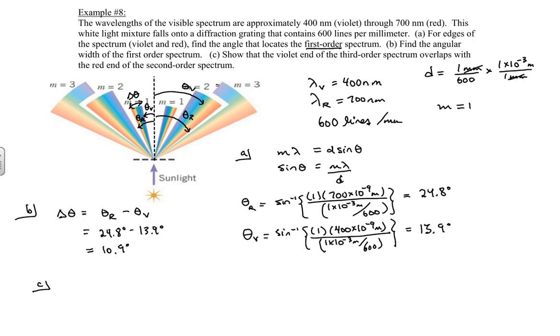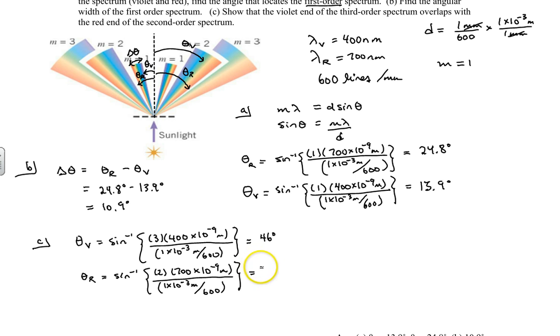So what we want to do is solve for theta violet for the third order, and you'll get an angle of 46 degrees. And then similarly do this for red, and you'll get an angle of 57 degrees. And so since theta red is greater than theta violet, they indeed overlap.